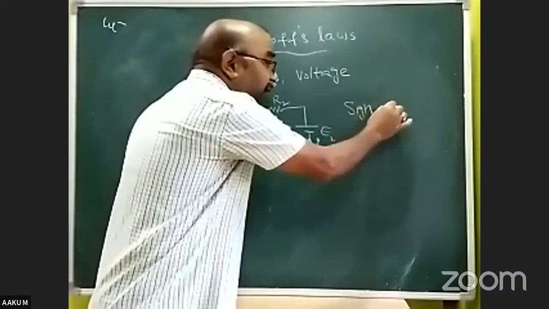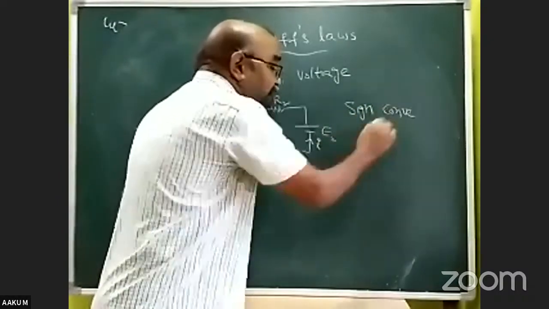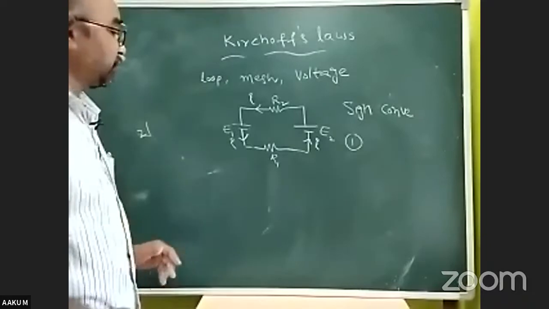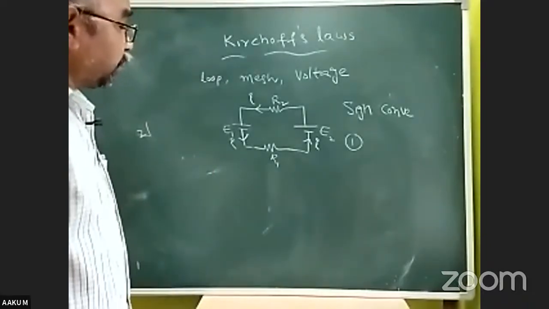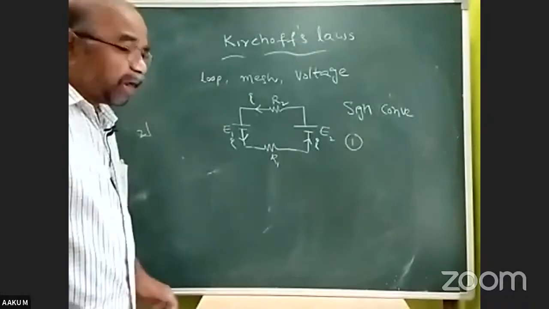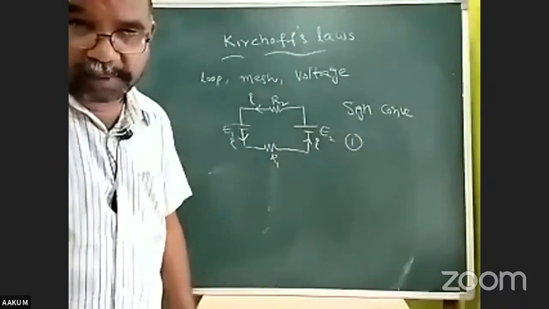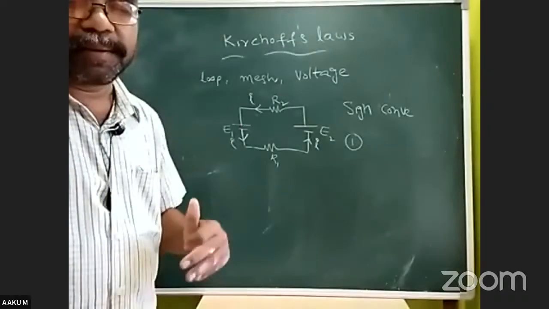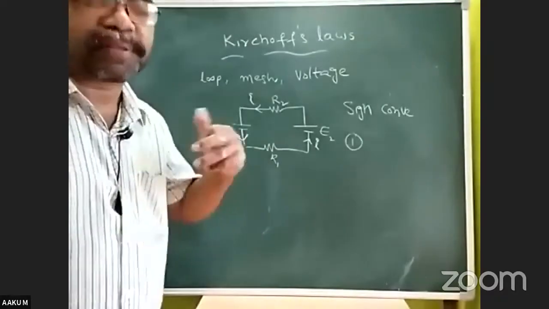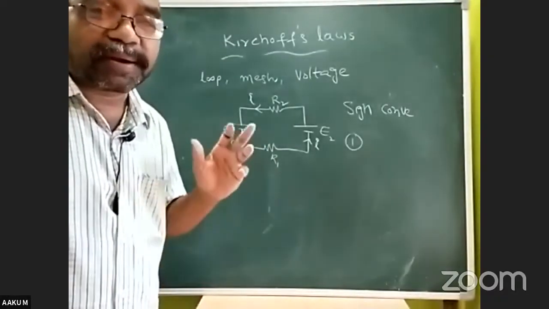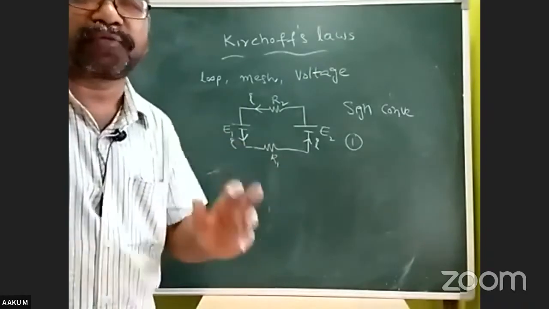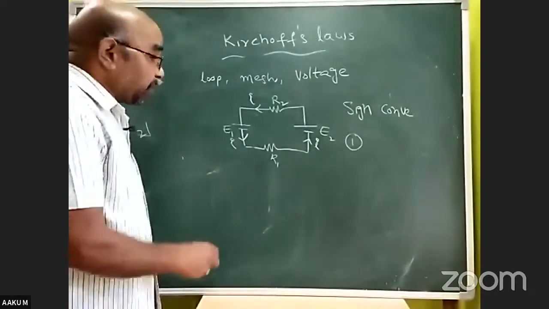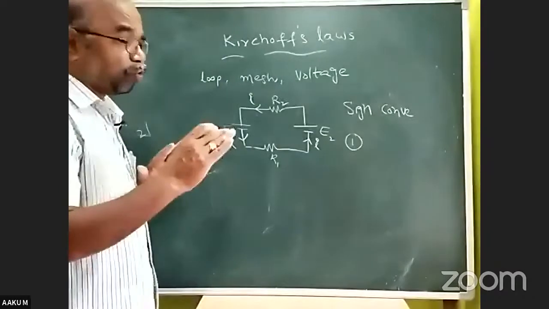The first rule in the sign convention is: whenever we enter into a cell, through whatever terminal we are entering, let us give that terminal's sign to the electromotive force of that cell, simply. Please observe here. What sign is to be given to the electromotive forces?